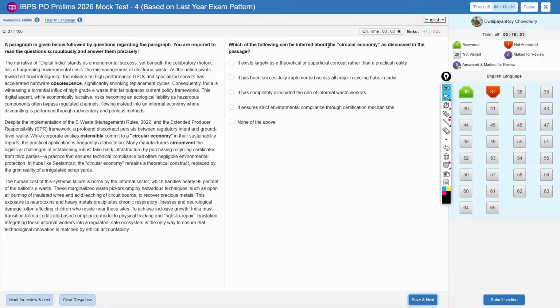Which of the following can be inferred about the circular economy? It exists largely as a theoretical or superficial concept rather than practical reality. Successfully implemented, completely eliminated, ensures strict compliance through certification mechanism.